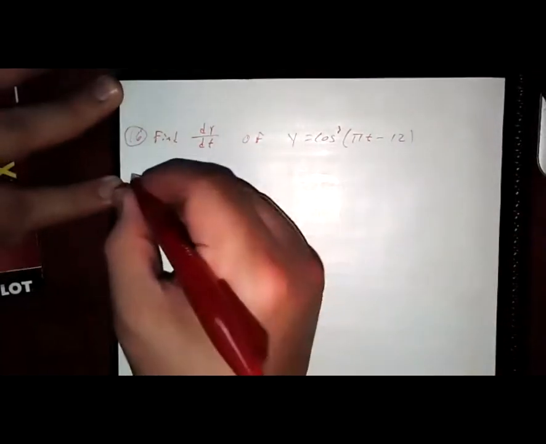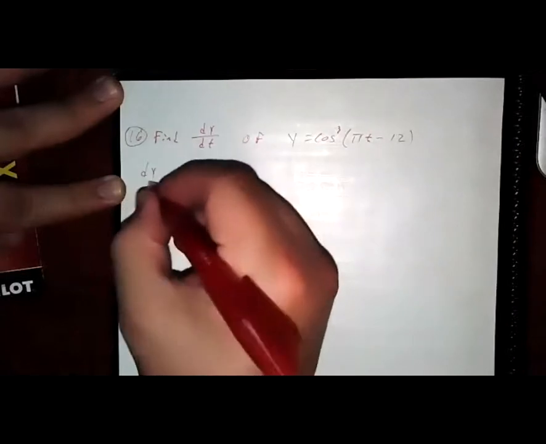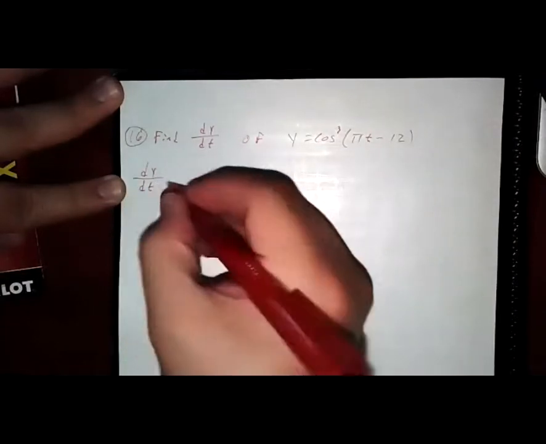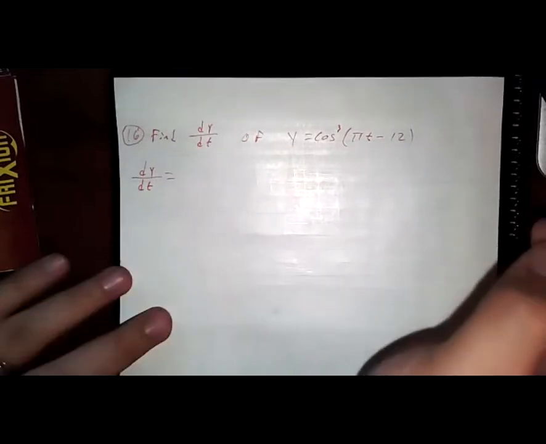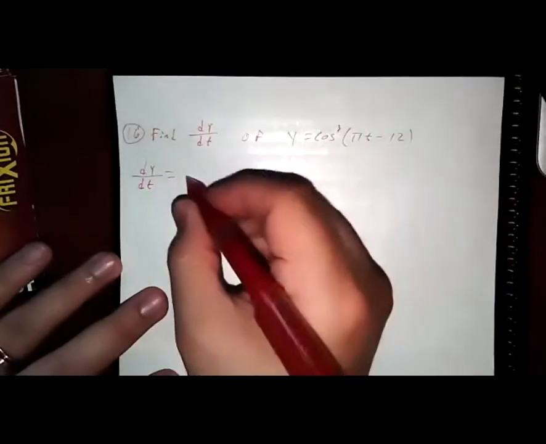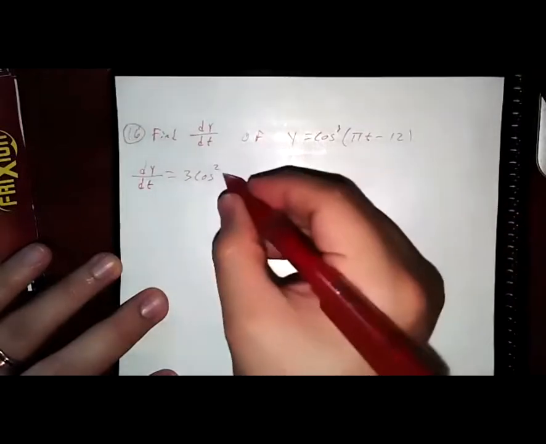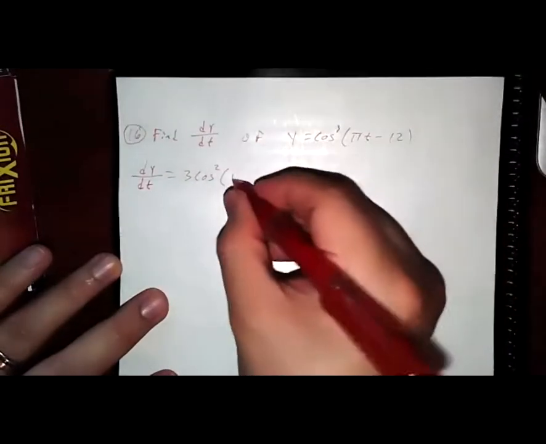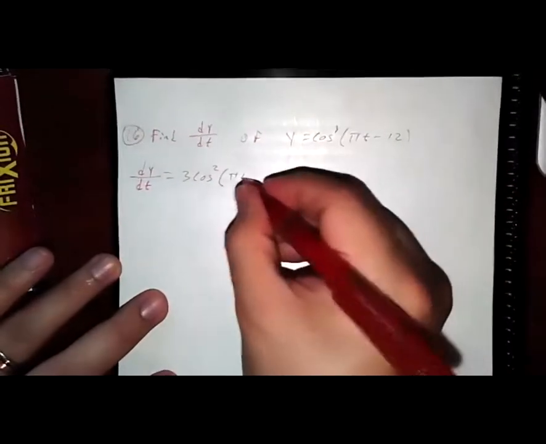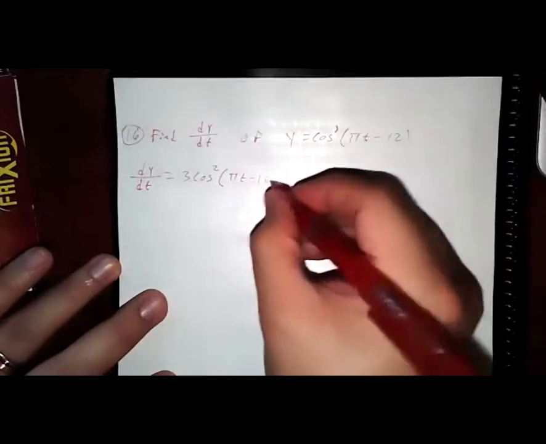So here we go. The derivative of y with respect to time, in other words y prime, is going to be, so the outer function is the 3. So you bring down the 3 and subtract 1. Leave everything the same. Then you have to do the other derivative.